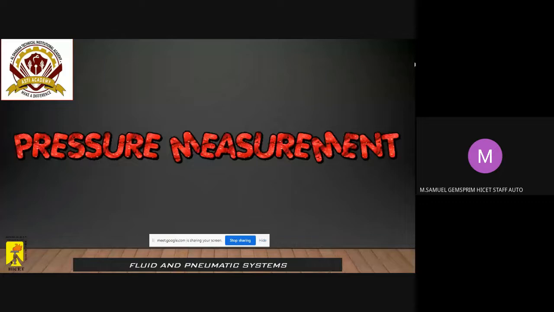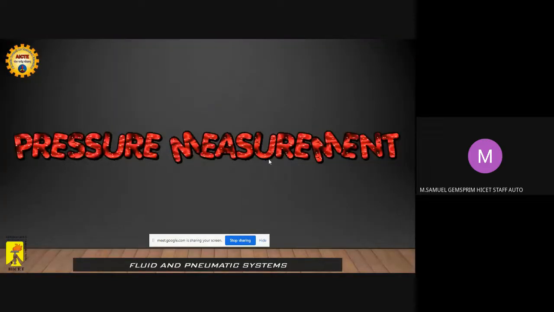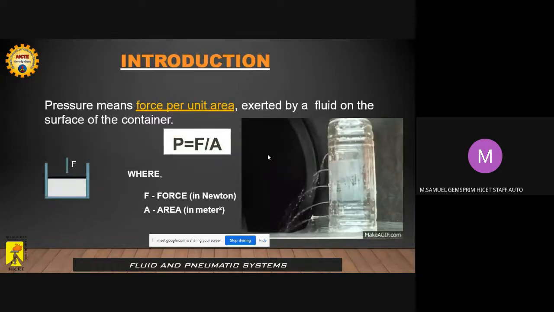First, without wasting much time, let me get into pressure measurements. As we all very well know, pressure means force acting per unit area.